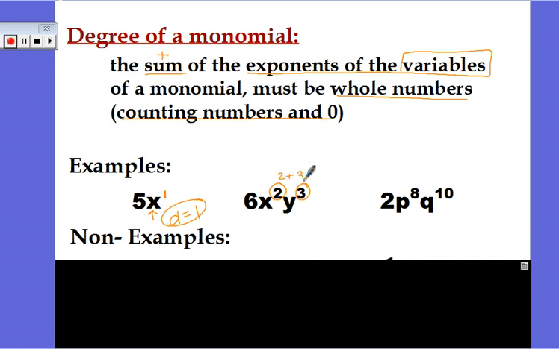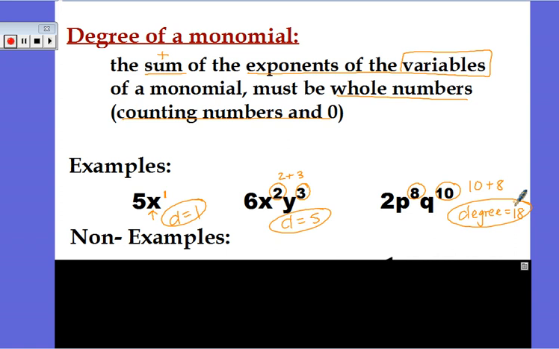I add those together, and I get that my degree is 5 for that monomial. The last one, 2p to the 8th, q to the 10th. I see an 8 exponent and a 10 exponent. We add those together, and the degree here equals 18. Again, you can use d or degree.